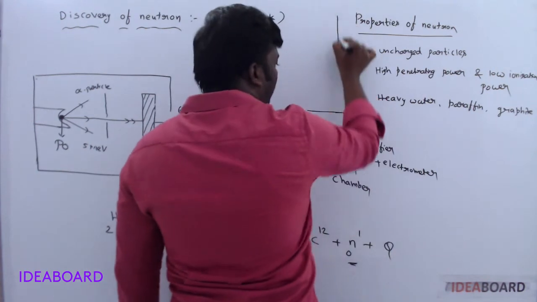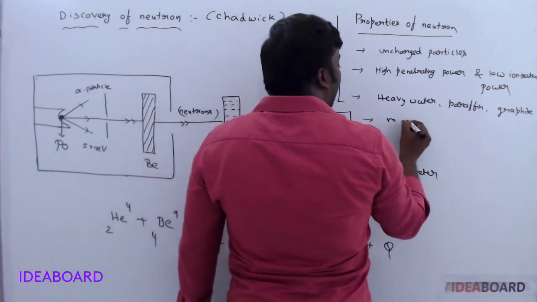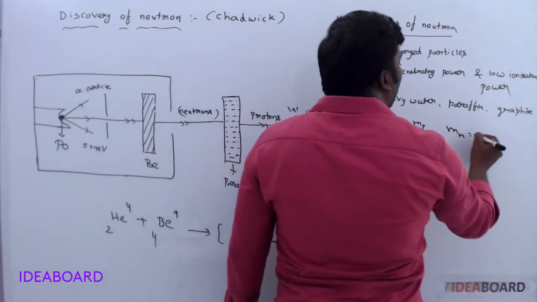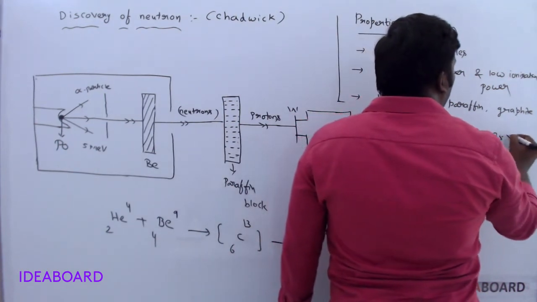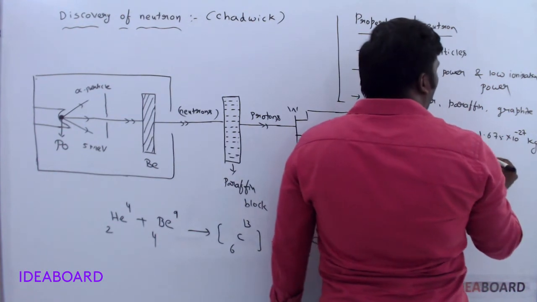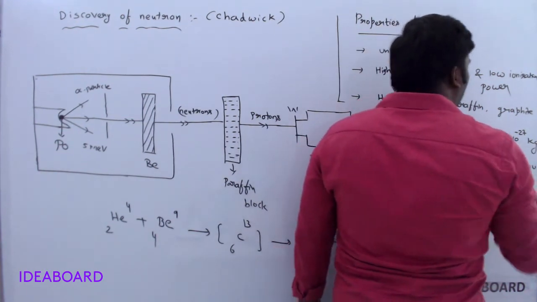Next one, their mass is nearly equal to the mass of the proton, and the actual mass of the neutron was found to be 1.675 into 10 power minus 27 kg, or 1.008665 atomic mass units.